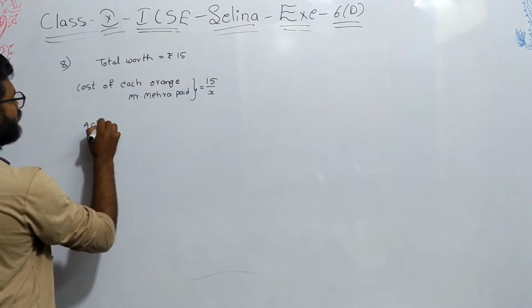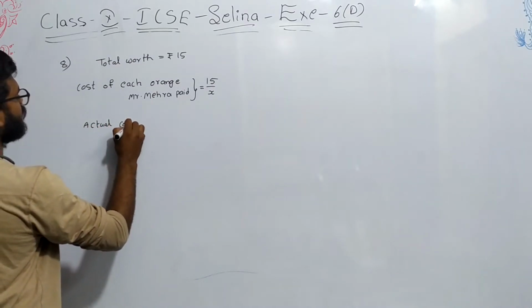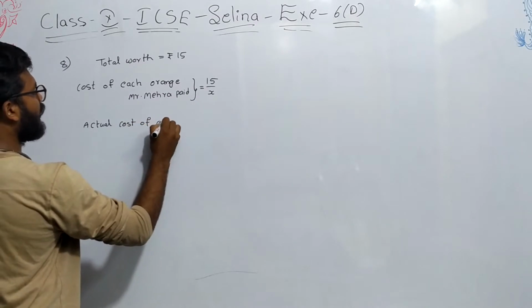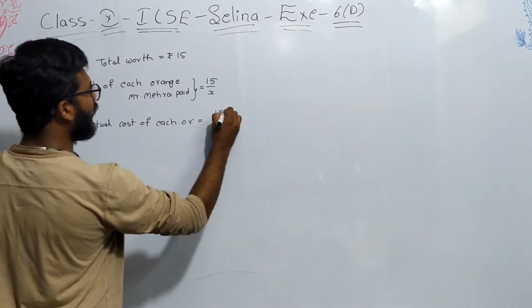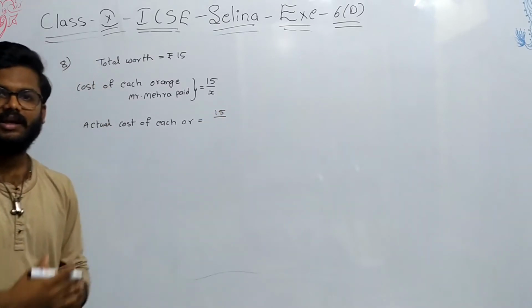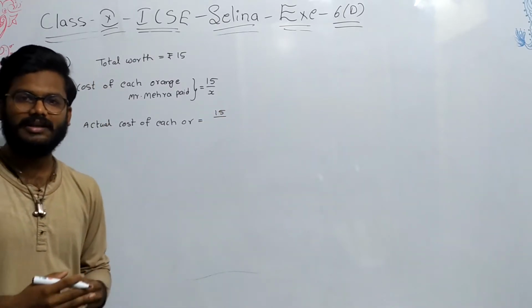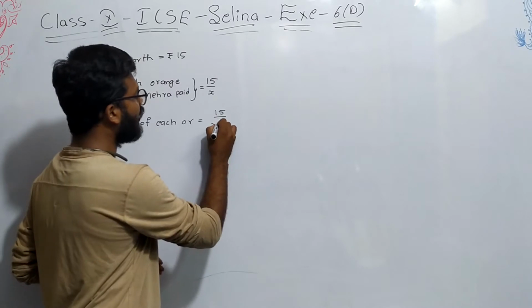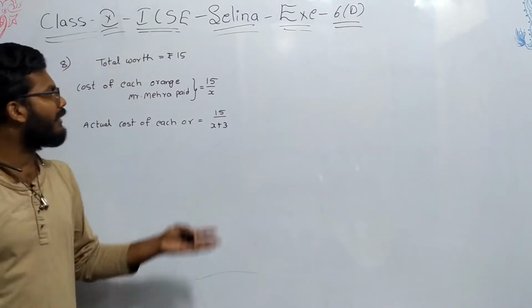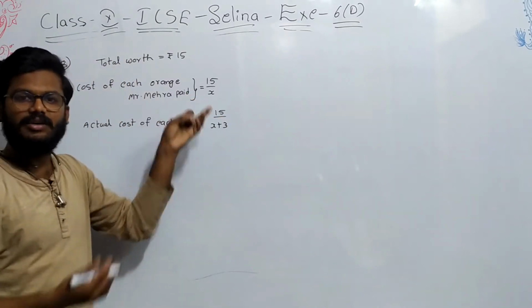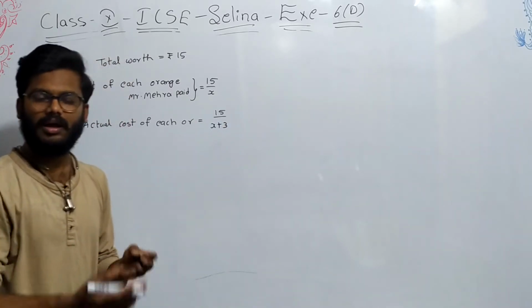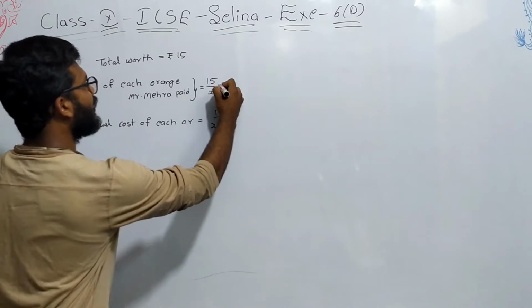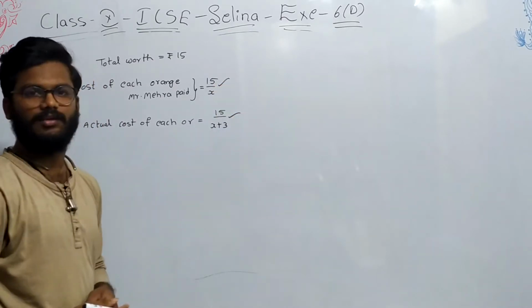It is 15 by the number of oranges he bought. How many oranges did he buy? It is nothing but 3 oranges more, because Mehra received 3 oranges less. Normally he bought 3 oranges more, and they gave that this is 25 paise more than this value, right?